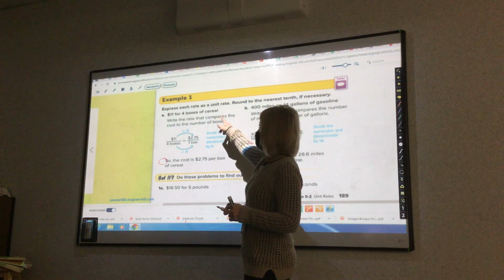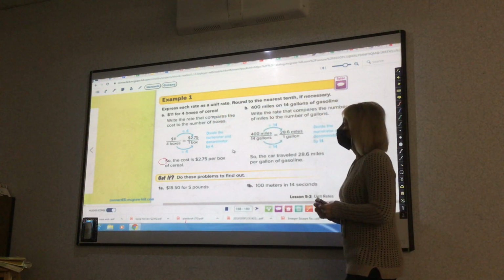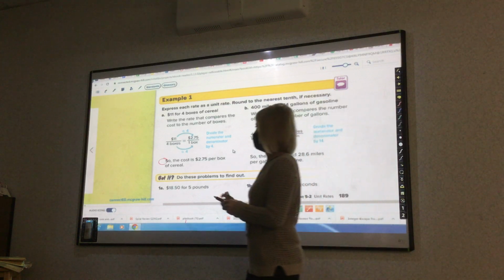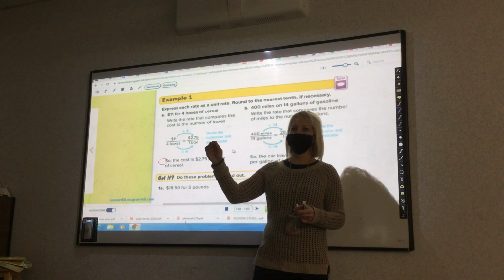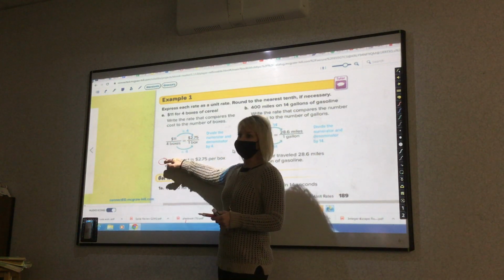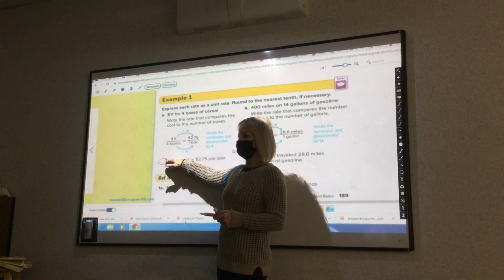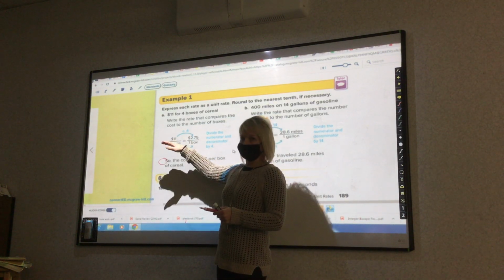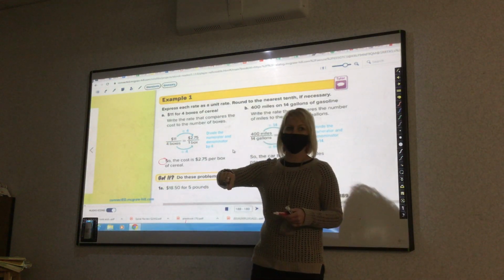So it says, express each rate as a unit rate, round to the nearest tenth, if necessary. So $11 for 4 boxes. Don't ever put boxes on top. Like I told you in the bell work, it's always cost per whatever it is, boxes, item, cost per ounce. Cost is always on top no matter what it is, okay?